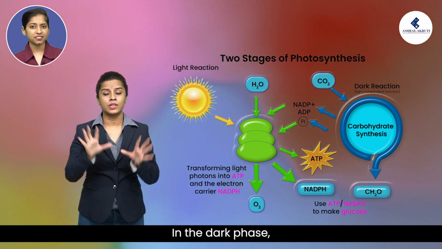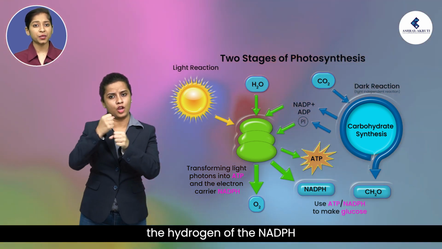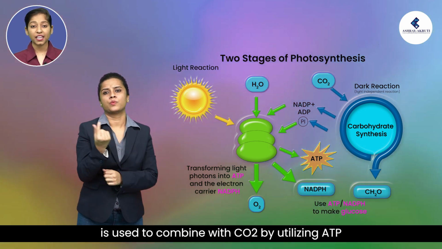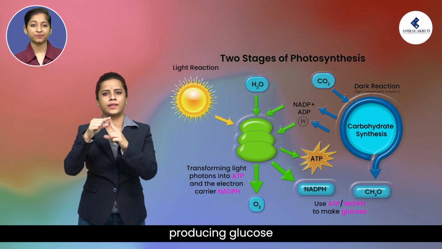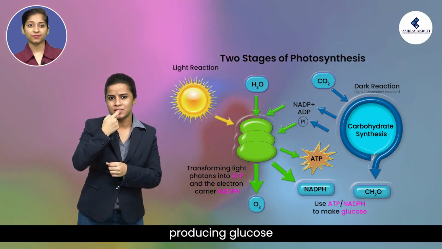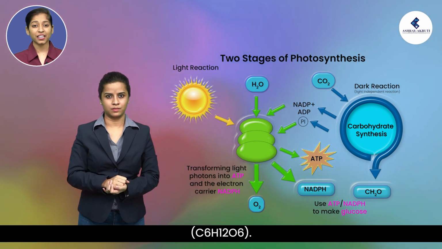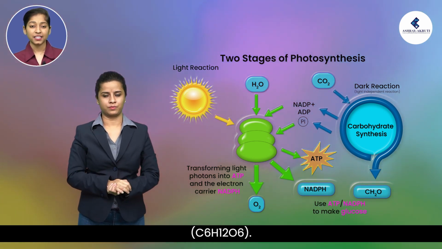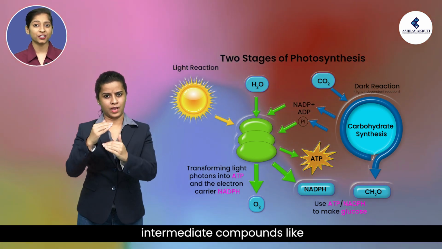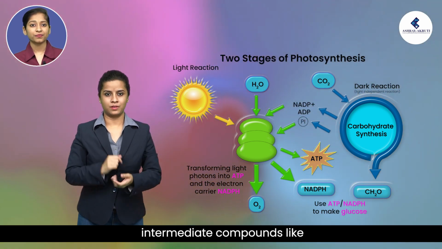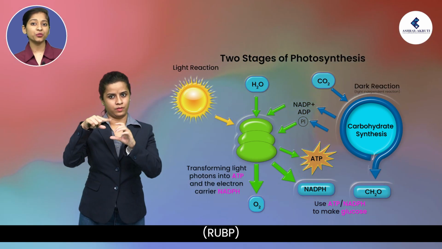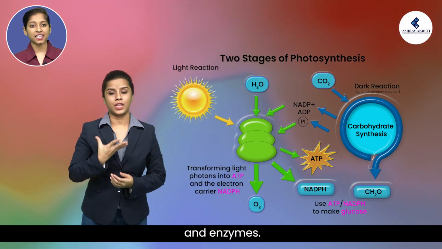In the dark phase, the hydrogen of the NADPH is used to combine with CO2 by utilizing ATP, producing glucose, C6H12O6. This synthesis occurs in a number of steps using intermediate compounds like ribulose bisphosphate, RuBP, and enzymes.